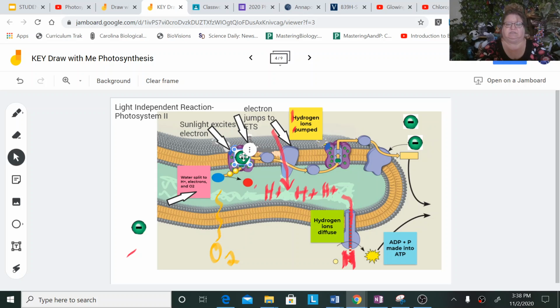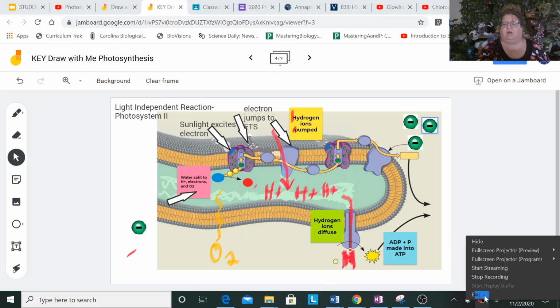So electron gets excited by sunlight, boom, boom, as it hits this middle one, hydrogen ions get pumped through, and then boom, boom, gets excited by sunlight again, and then we make NADPH. So that helps us hopefully practice our diagrams.